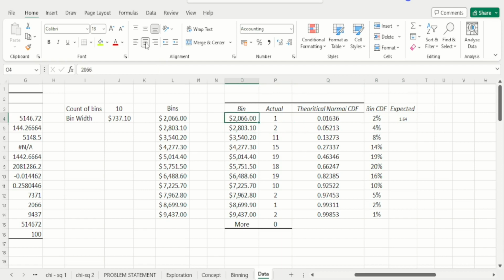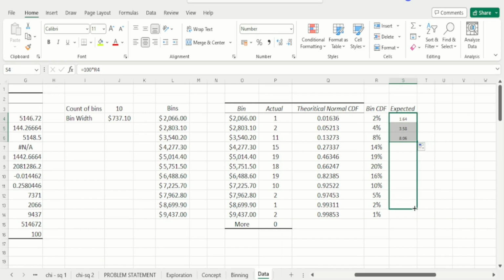In between 2066 and 2803, you'd expect 4%. What is that 4% going to look like? That 4% is going to look like 3.58 data points. How many data points would that normal distribution have between 2803 and 3540? That would be roughly 8%, or 8.06 data points.